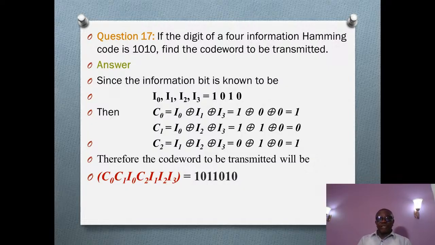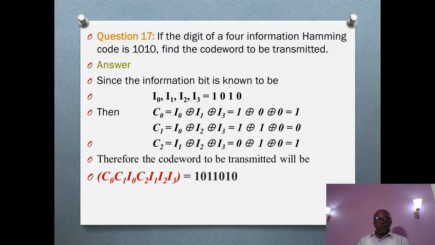And C2 is 0 modulo 2 1. Only one of the inputs is in 1 state, so it gives you the answer 1. Then 1 modulo 2 0 also gives you 1. You can see why C2 is equal to 1.